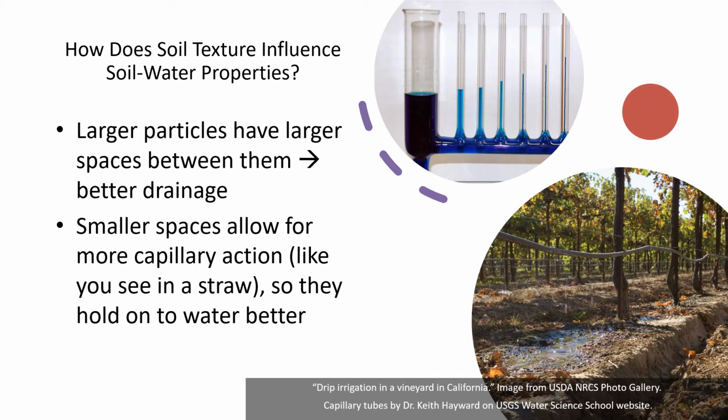So this allows for more capillary action, like you see in a straw, and so these soils hold on to water better. The image at the top of this slide shows that water rises higher in narrow tubes as compared to wider tubes because they have more cohesive forces. And so this allows the soil with those small pore spaces to hold on to that water better.